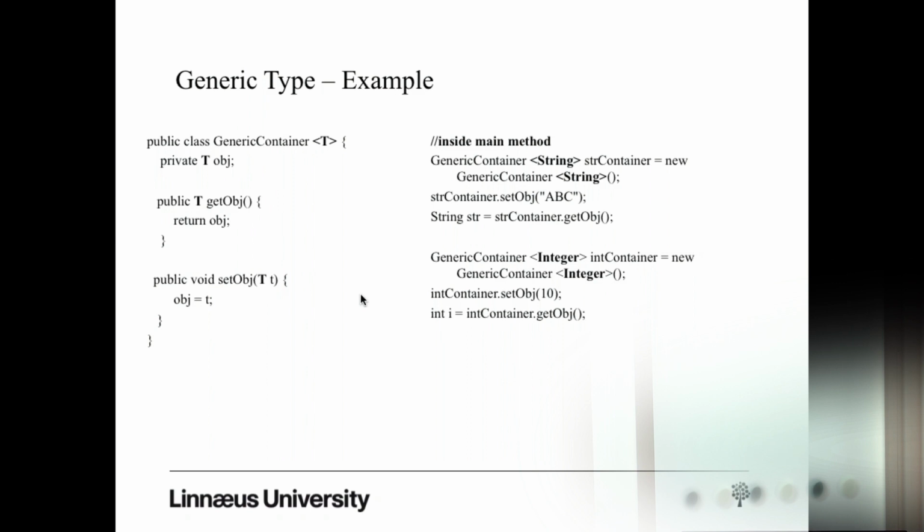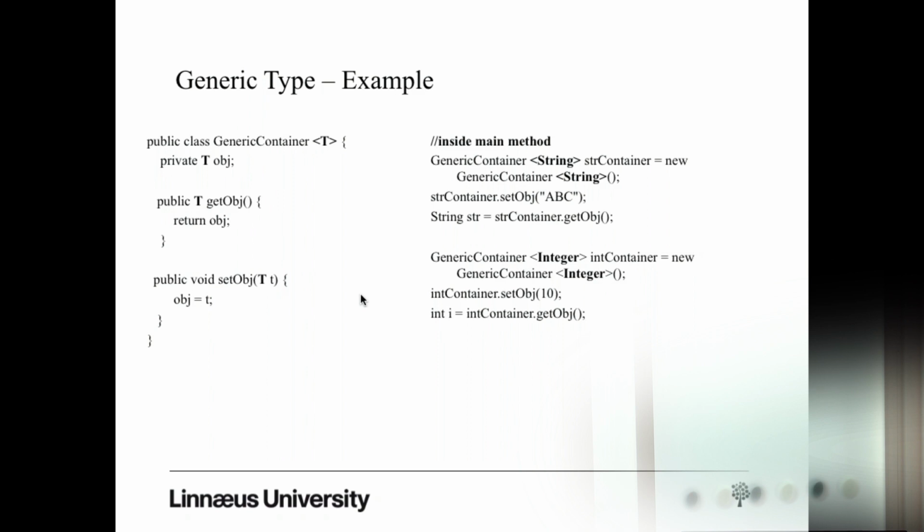Now how can we use this generic container? If we want to use it for the string data type, when we create an object of this generic container, here we specify the type, String.